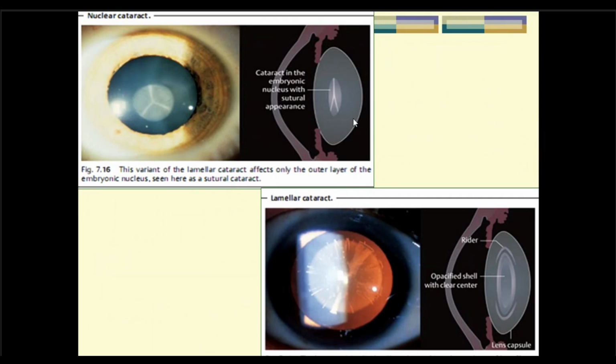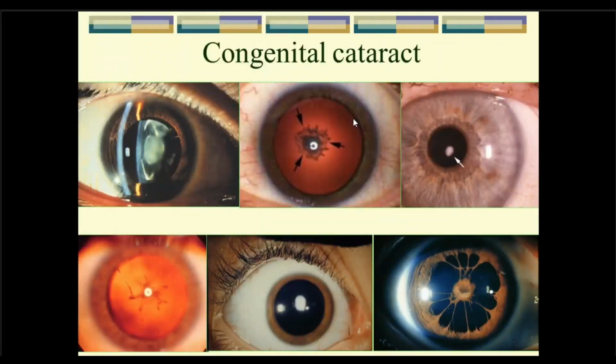On this picture you can see what we can see using the slit lamp. Look, we look in a slit lamp, in a biomicroscope. During your practical classes you can see this device.